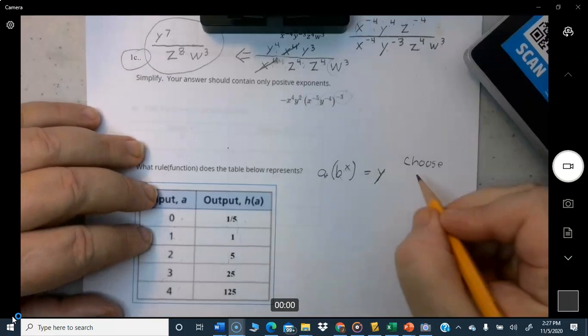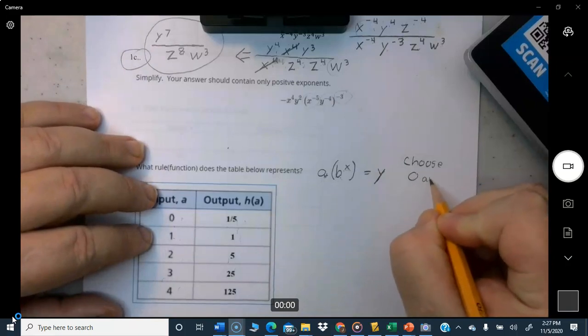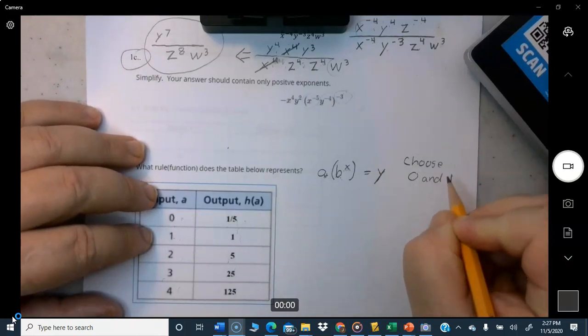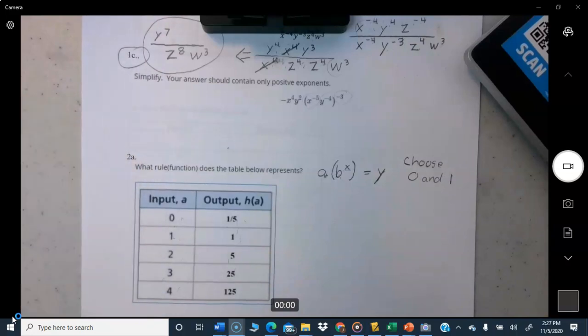So you want to choose 0 and 1 to try to figure out what a and b are. Why? Because we know that anything raised to the 0 power gives us 1. So if I raise b to the 0 power, I know that inside the parentheses is going to be 1. That'll help me to figure out what a is.